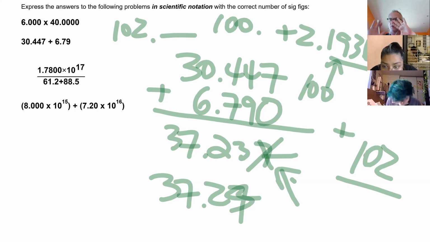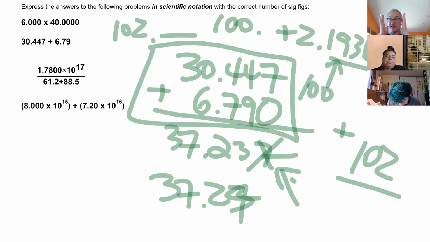So when you're adding or subtracting, it's different than the rule we use for multiplying or dividing, where you just take the number with the smallest number of significant digits and that's the one you use. With adding and subtracting, you actually have to do the addition and subtraction like this. Set it up like that so you can actually see who has the smallest number of digits past the decimal place.